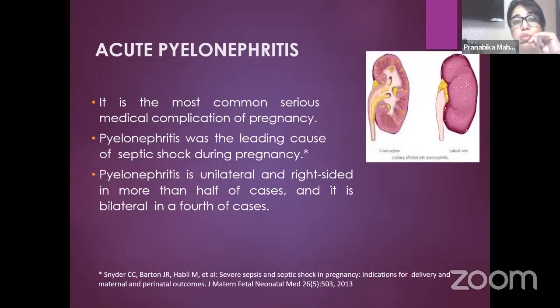Pyelonephritis is the most common serious medical complication of pregnancy and the leading cause of septic shock during pregnancy. Pyelonephritis is usually unilateral and right-sided. Mostly it is right-sided in more than half of the cases, and it is bilateral in a fourth of the cases.